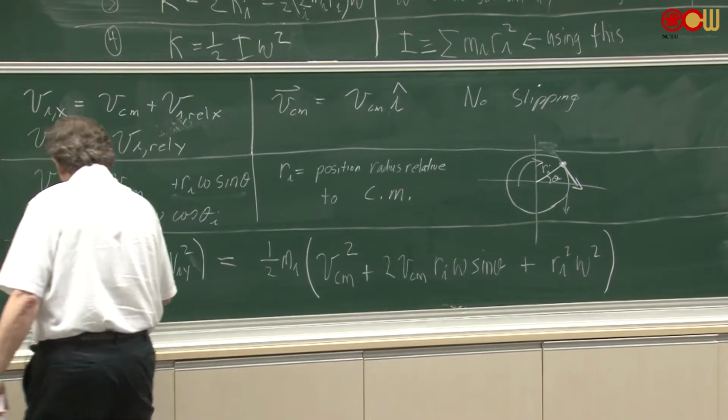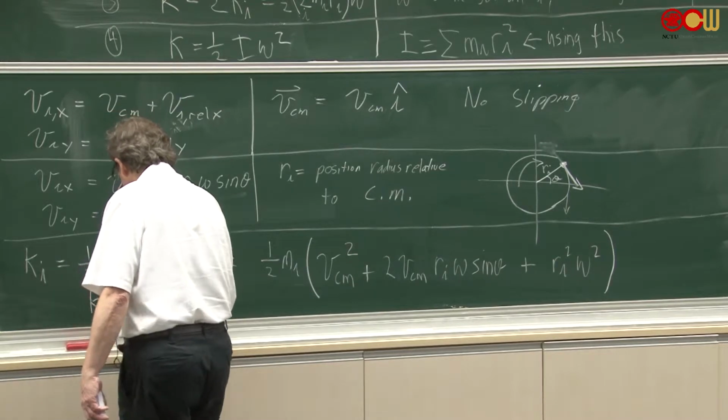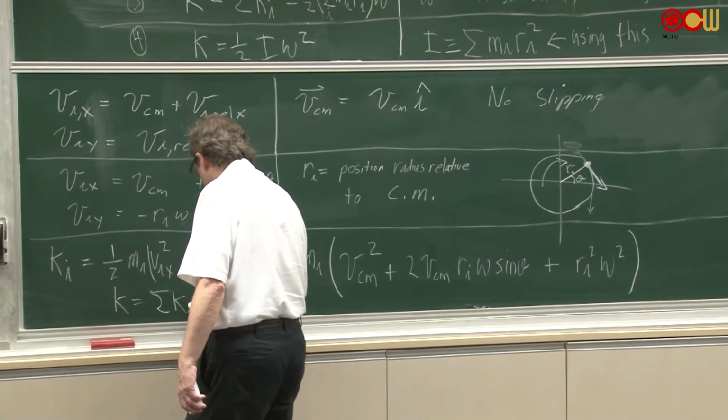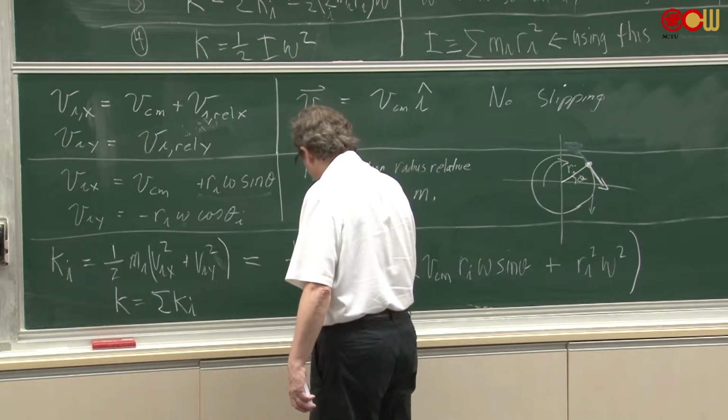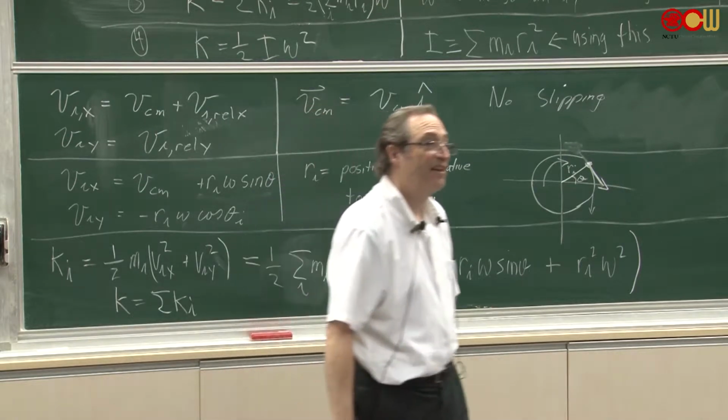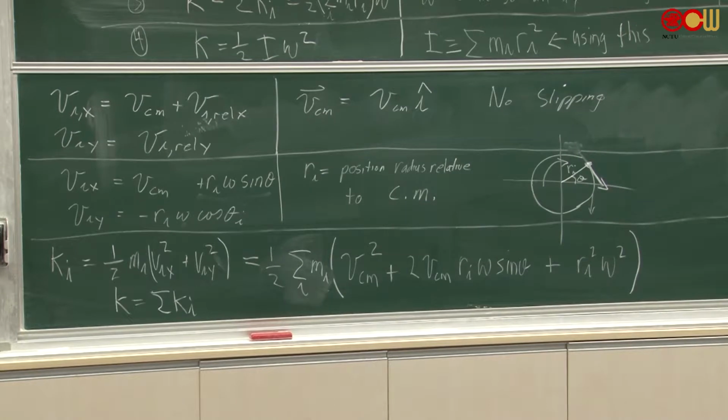Now the next step is to sum this over all ki. All of these. So the total K is the sum of ki. So all I'm going to do is write in a summation sign here. So now here's a trick. Does anyone see something, one of those terms is 0?